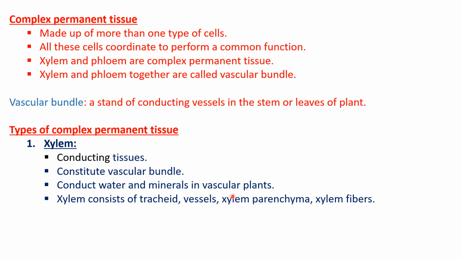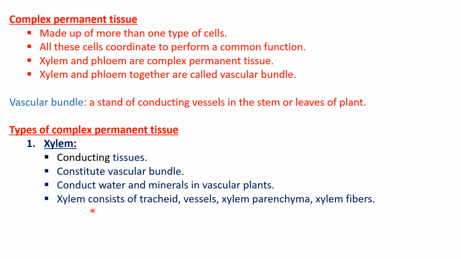So the water absorbed through the root is sent to the leaves through the xylem. Xylem is responsible for sending water from root to leaves. That means it conducts water and minerals in vascular plants.